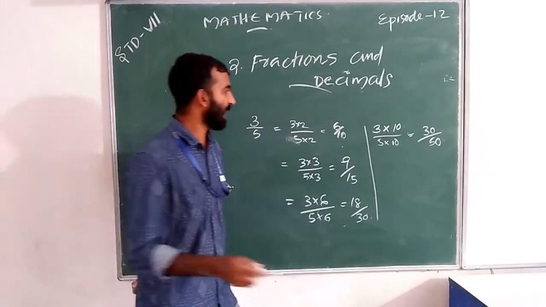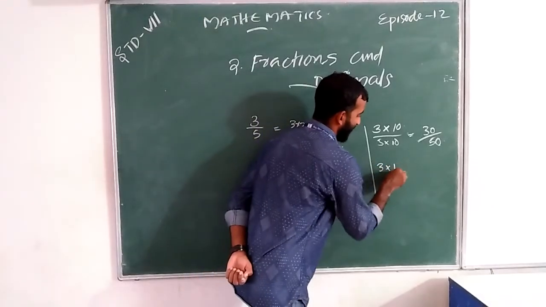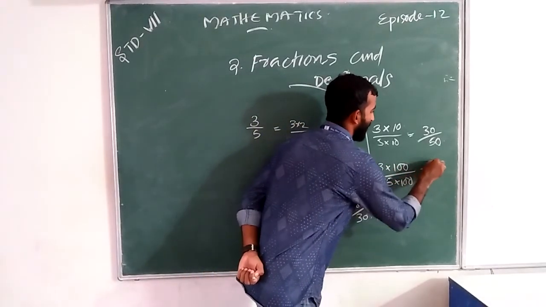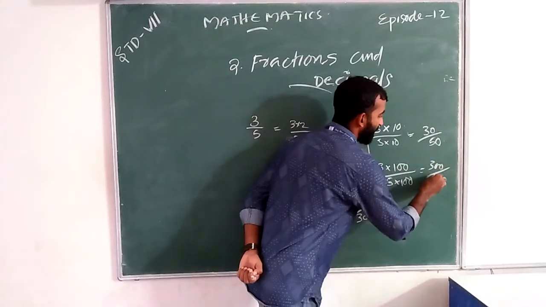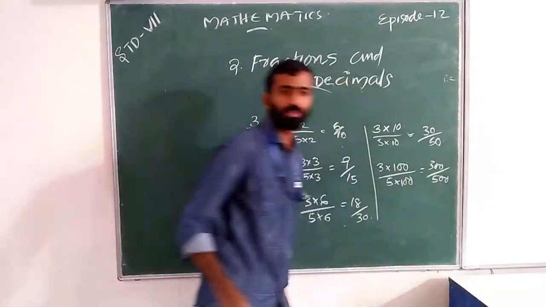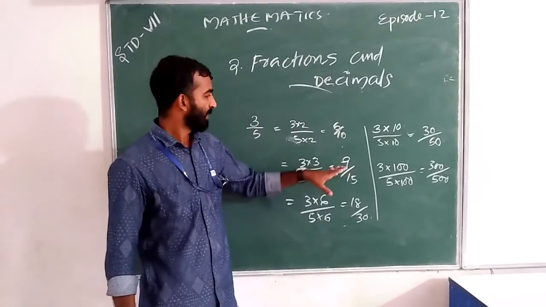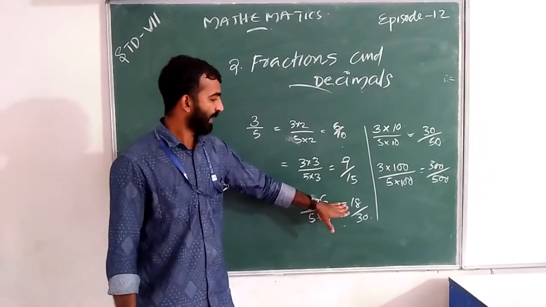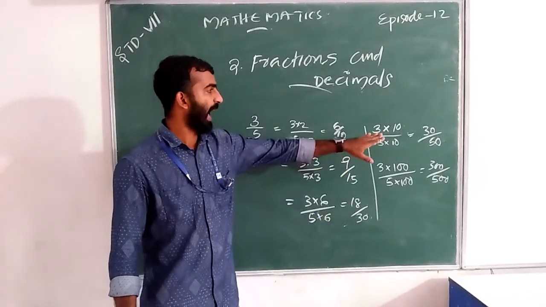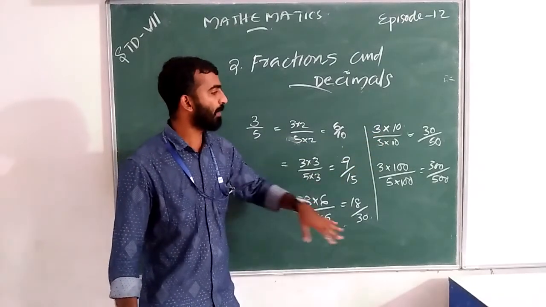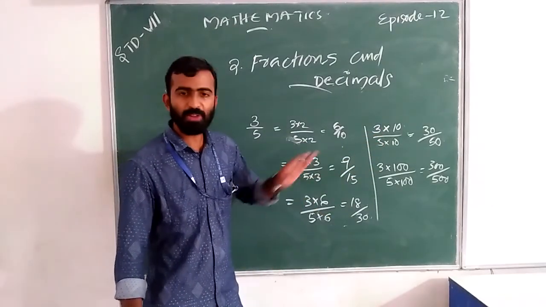As you like, you can take 3 into 100 by 5 into 100, which is 300 by 500. That is 6 by 10, 9 by 15, 18 by 30, 30 by 50, and 300 by 500.